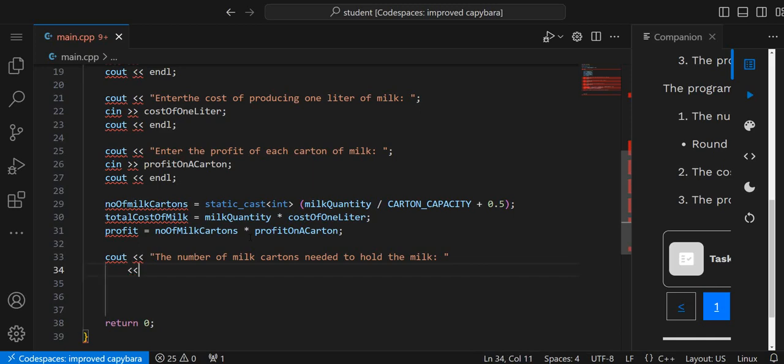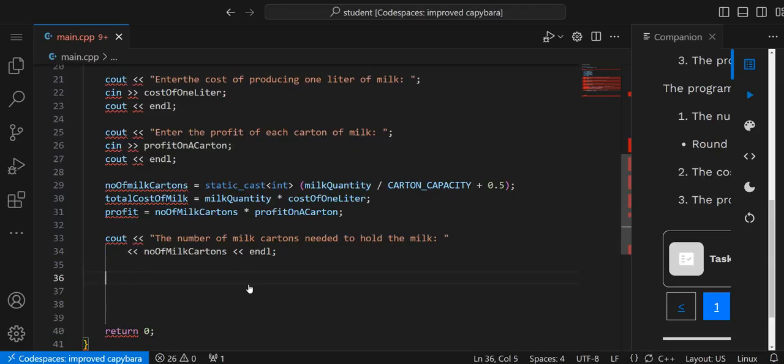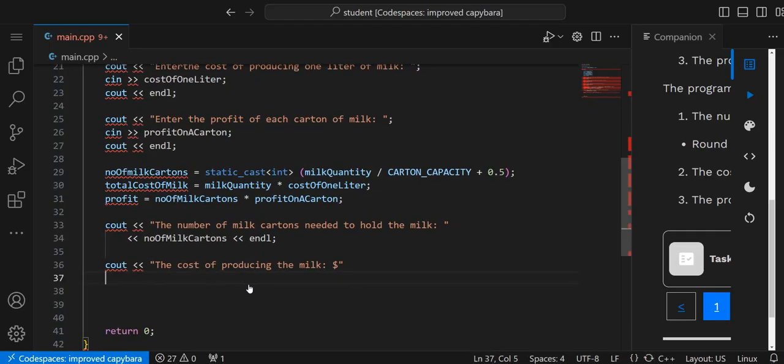Number of milk cartons. Cost of producing the milk, because it is a cost. And total cost of milk. And line.